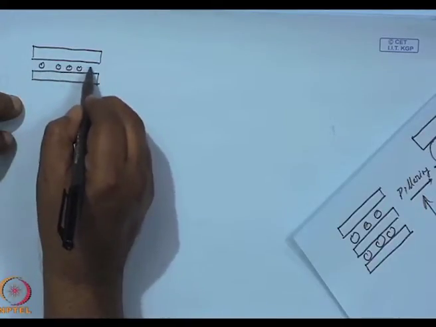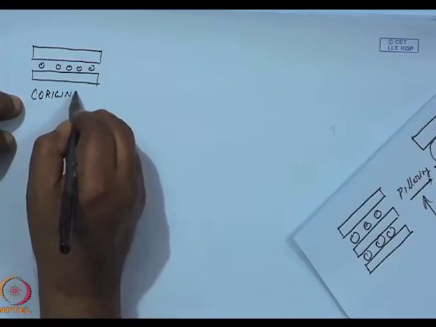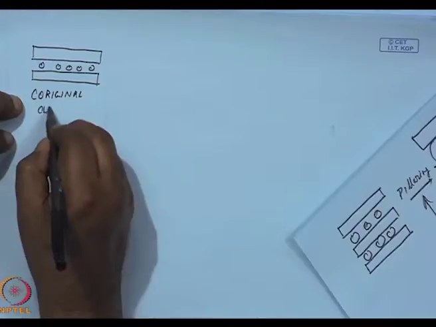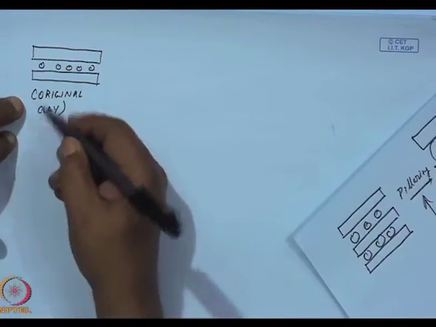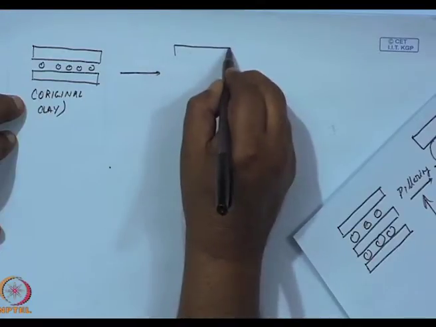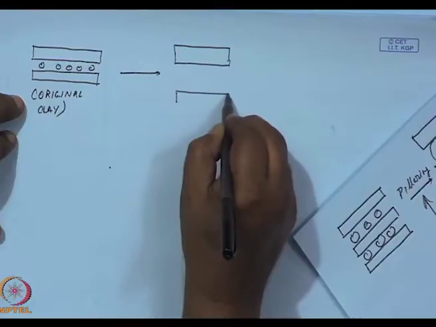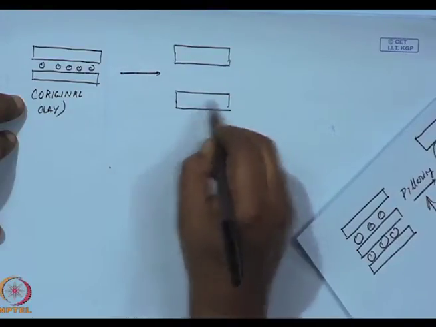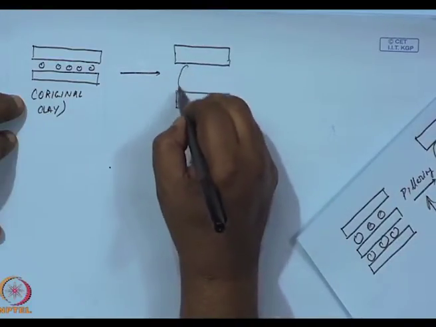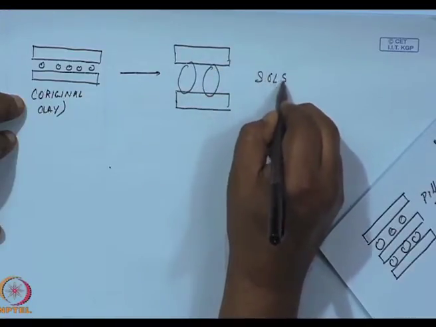This is the original clay particle. We can increase the basal spacing by putting in salts.